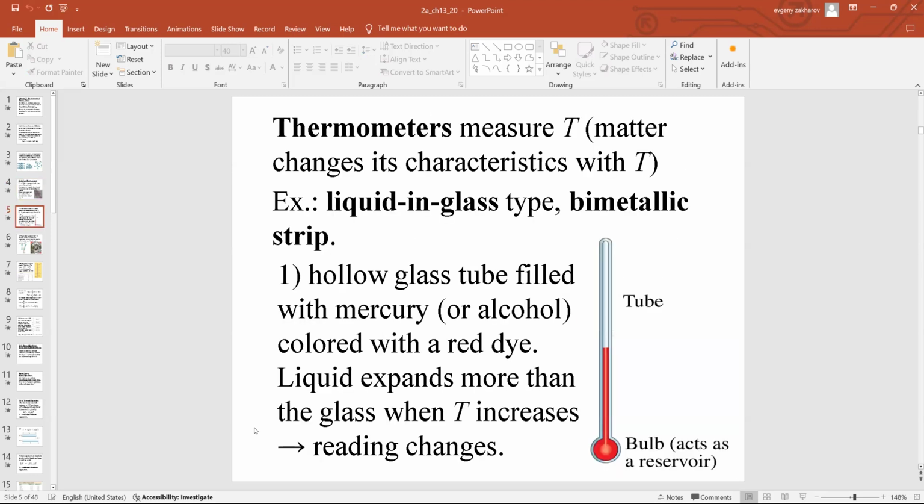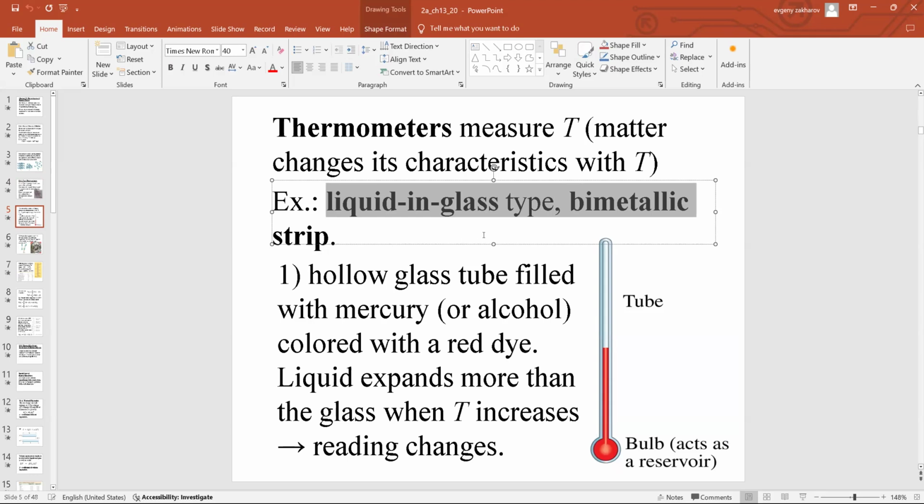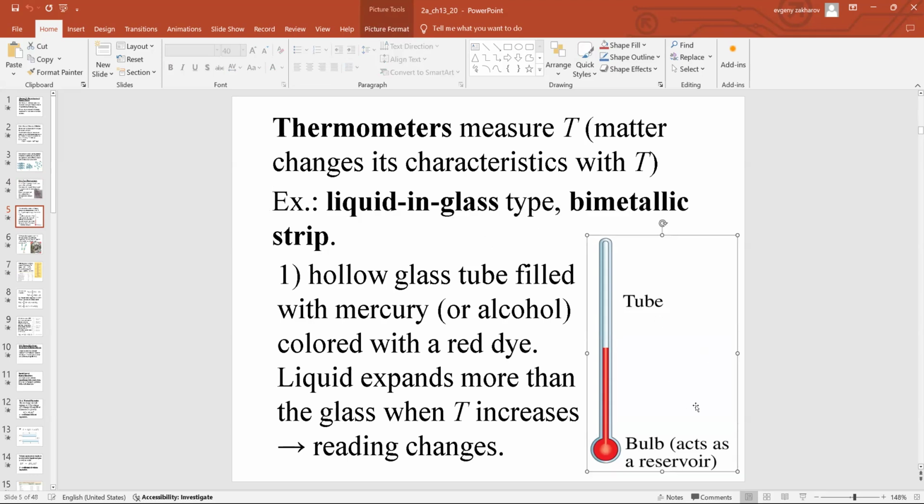And we measure temperature with thermometers, and all sorts of thermometers are possible. For this class, you only have to be familiar with the liquid and glass type that you've probably seen at least once in your lifetime, when a glass tube is filled with some kind of substance, usually mercury, in a different color, so you can tell the value inside right away.